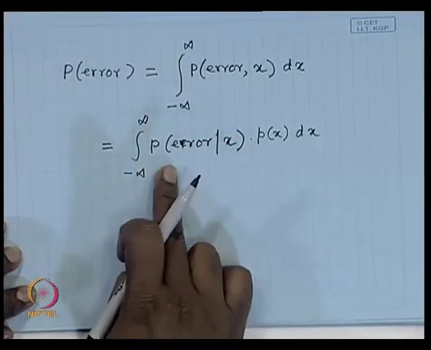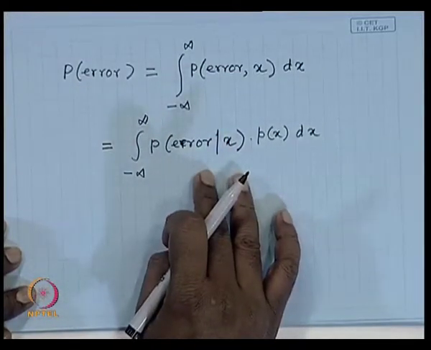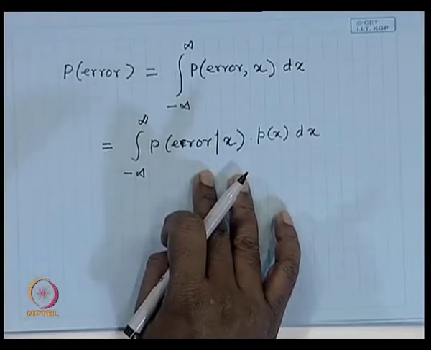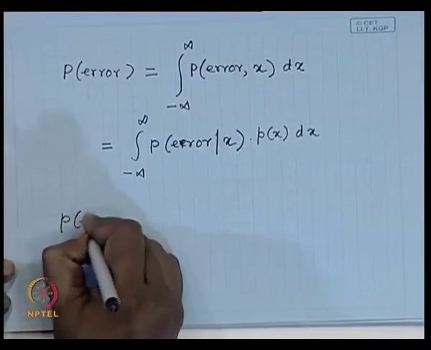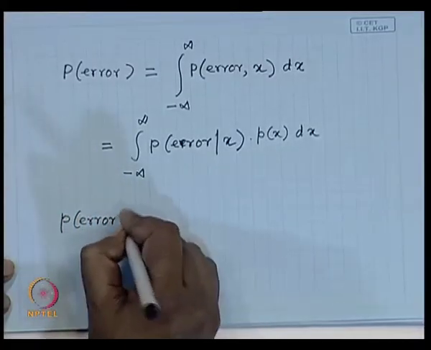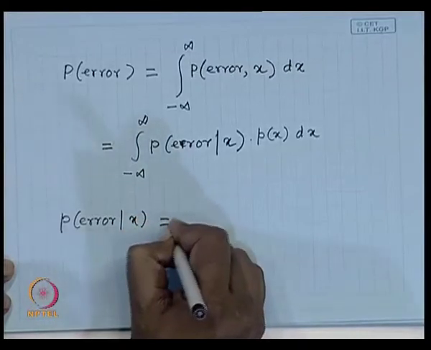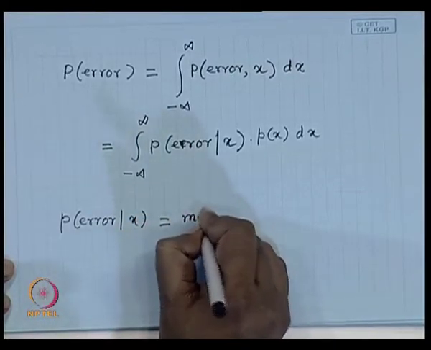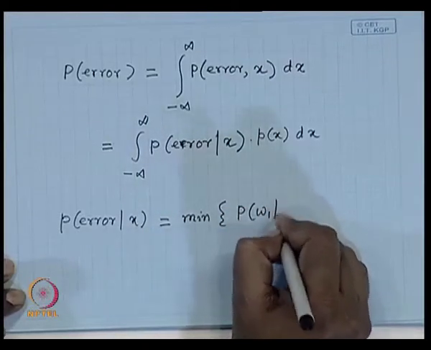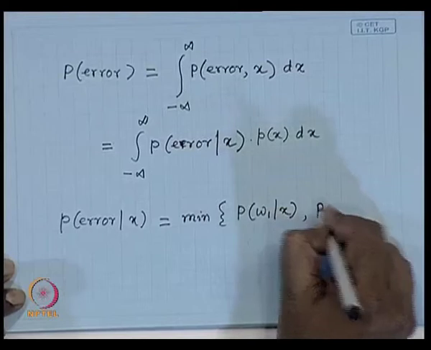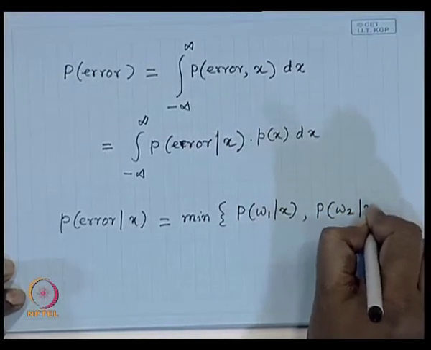Okay. And what is this p error given x? If I decide in favor of omega 1, this is p of omega 2 given x. If I decide in favor of omega 2, it is p of omega 1 given x. So, this p of error given x is nothing but the minimum of p of omega 1 given x and p of omega 2 given x.